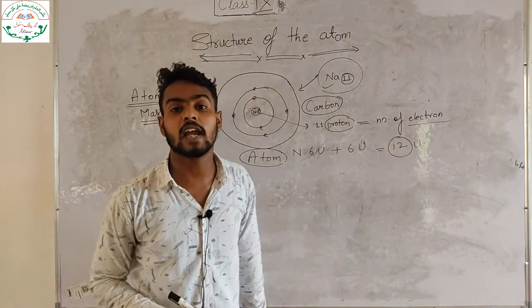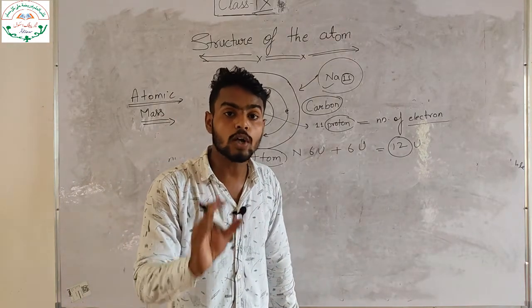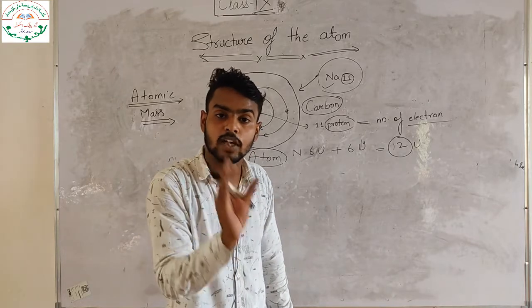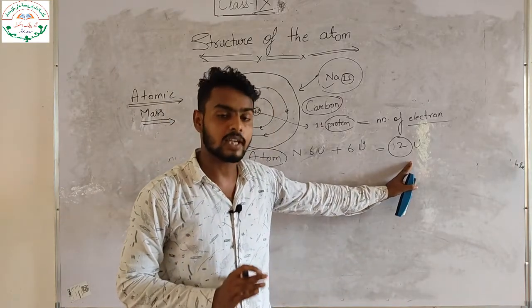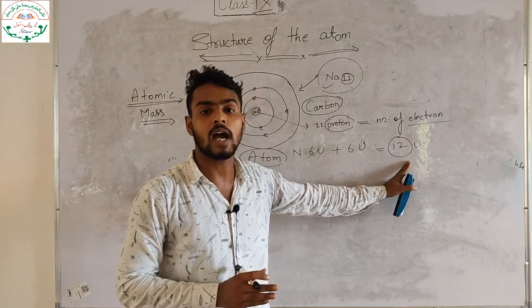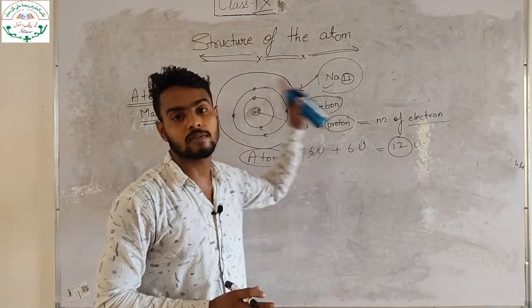We can say that the sum of the neutrons and protons becomes the unified mass of the atom, the atomic mass of the atom.